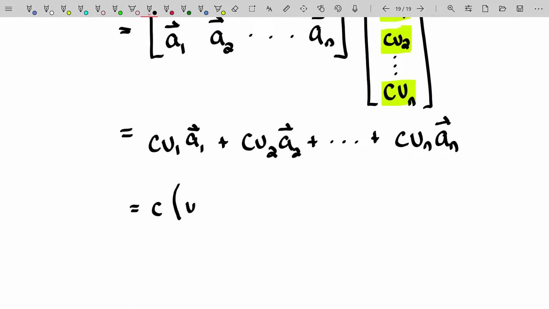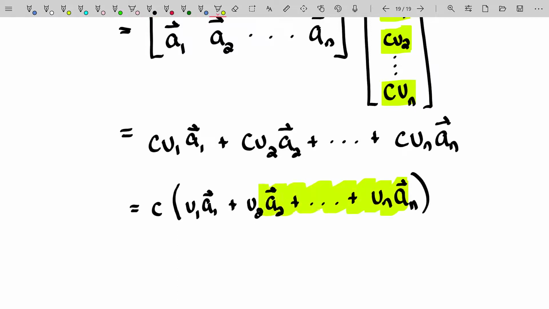I'm left with u sub 1 a sub 1 plus u sub 2 a sub 2 plus so on and so forth, all the way down to u sub n a sub n. But this piece I'm highlighting right now is a linear combination of the column vectors of A. The weights of that linear combination are u1, u2, all the way to un.